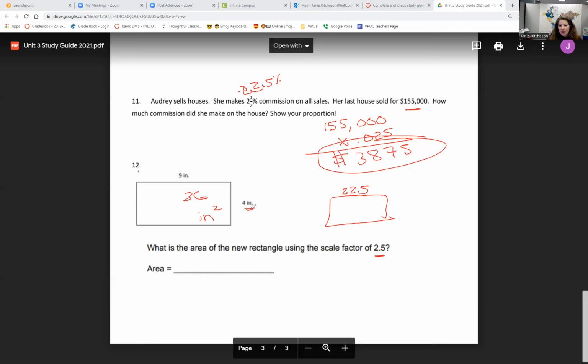And then 4 times 2.5 is 10. So to find the area, we're going to multiply base times height. So 22.5 times 10 is 225. 225 inches squared. Okie dokie.